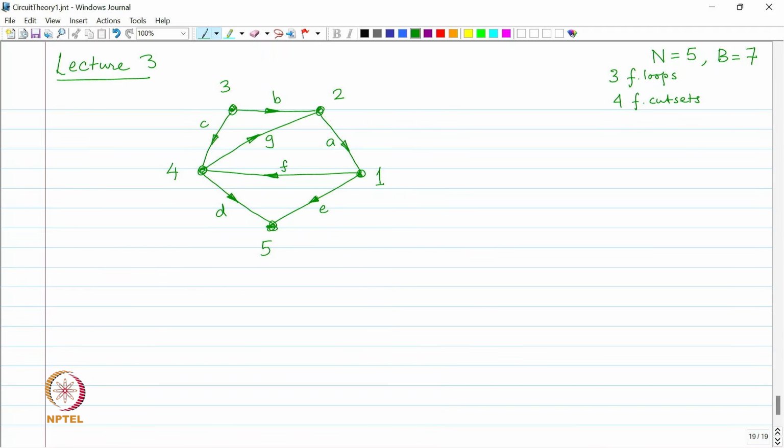I just want to go to each node and write out a KCL at each and every node. So, for example, I will go to node 1 and write out a KCL with that cut set, and go to node 2, I will write out a KCL, go to node 3 and write out a KCL, go to node 4 and node 5 and write out KCLs at each of these individual nodes.